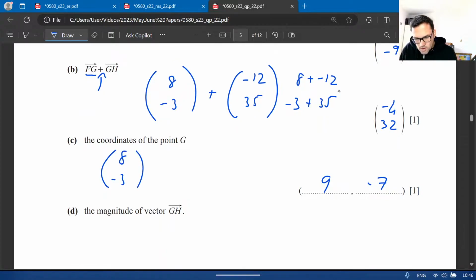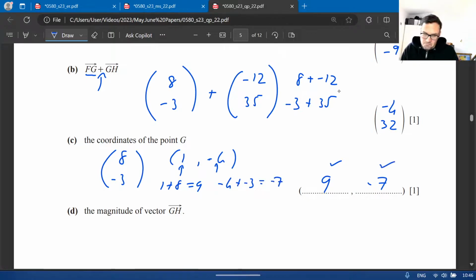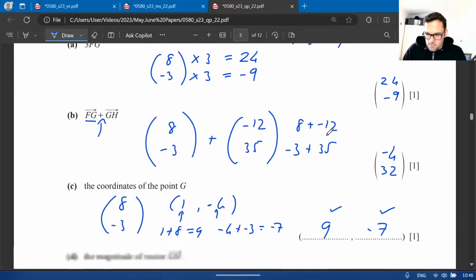And the point we started off was 1 and minus 4. So to the x value we need to add the 8, which is the 9, and to the y value we need to add the vertical, which is minus 7. And that's how we do that.